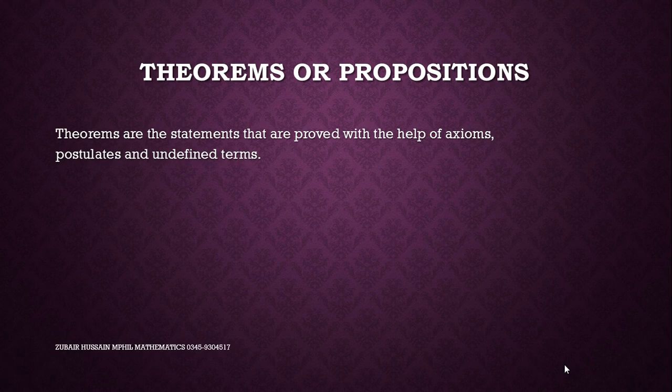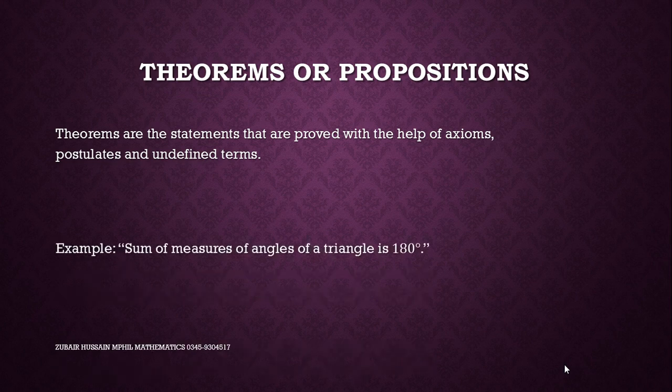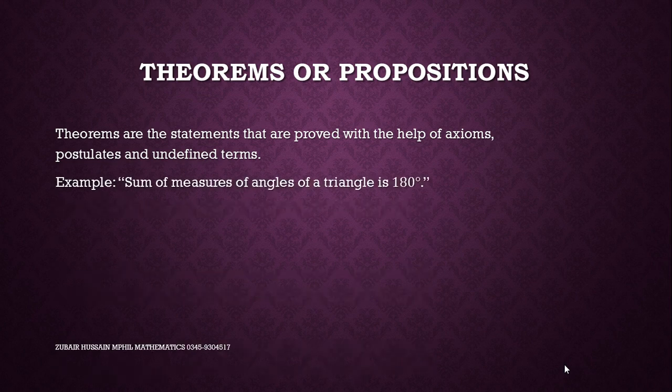Now we have learned about axioms, postulates and undefined terms, so theorems are just statements which can be proved with the help of these terms. For example, the sum of angles of a triangle is 180 degrees. This is a theorem which can be proved with the above terms.